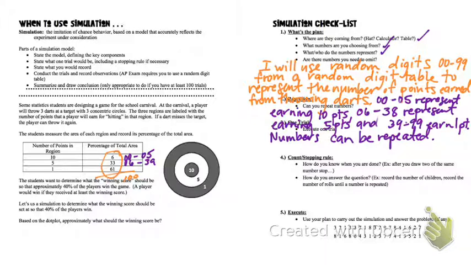The next sentence is to describe what one trial would look like. So in this case, one trial is to choose 3 random numbers and then add up the points. So one trial, I'm going to put this in a different color. One trial is to choose 3 random digits.